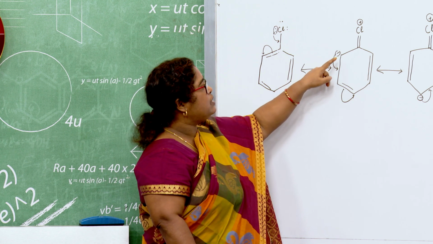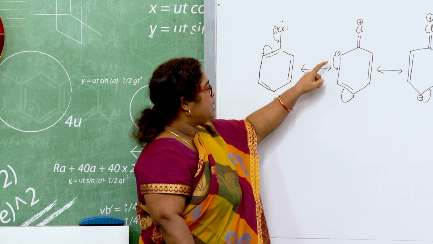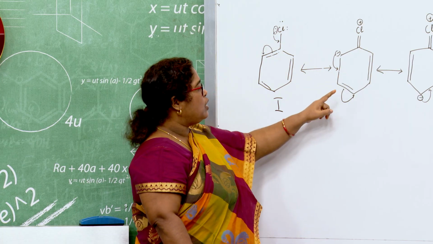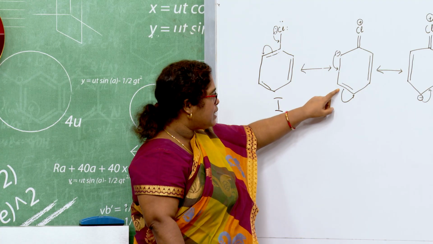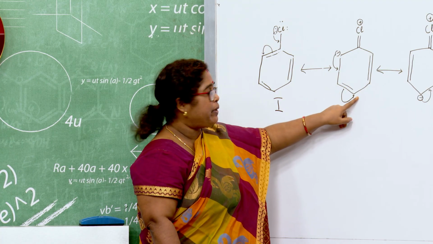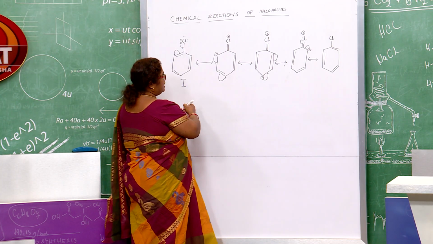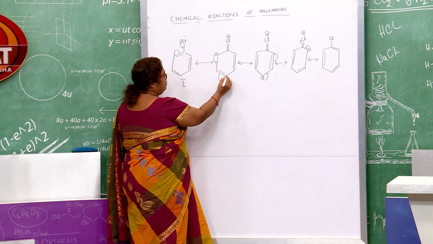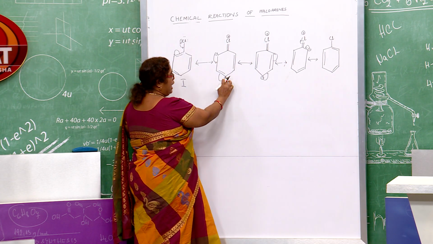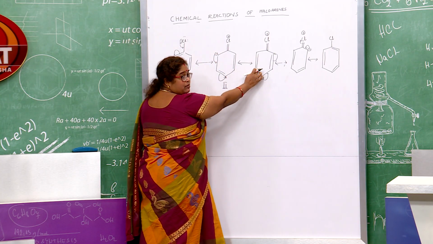Now what happens? Again this carbon also disperses this to this bond, and similarly this carbon atom becomes overstrained. So it releases its electron pair to this carbon atom. So again in structure 2, what you had seen, these electron pairs are coming here, and because of this the double bond is formed.